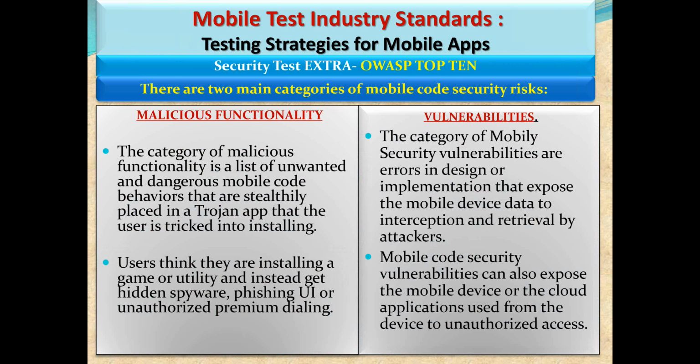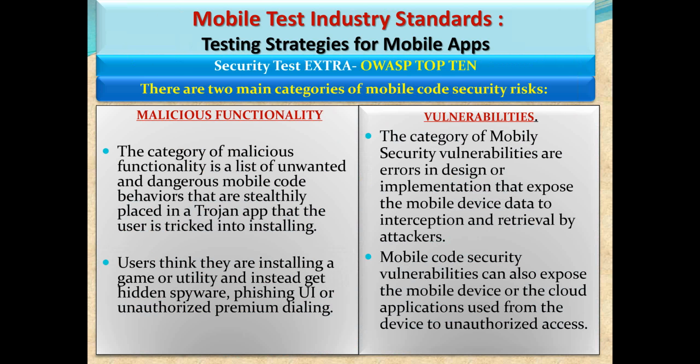First is malicious functionality, and this category is a list of unwanted and dangerous mobile code behaviors that are stealthily placed, for example in a Trojan app that the user is tricked into installing. So users think they're installing a game or utility and instead get hidden spyware, phishing UI, or unauthorized premium dialing.